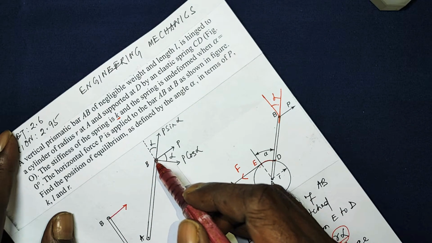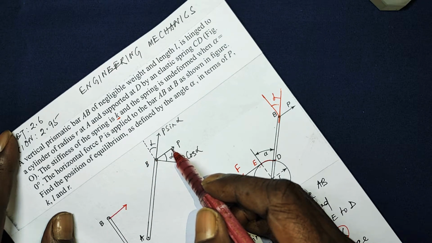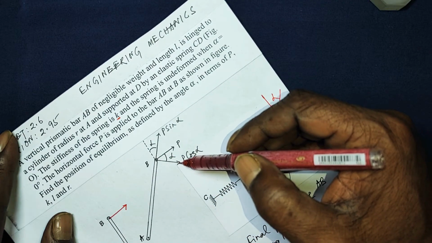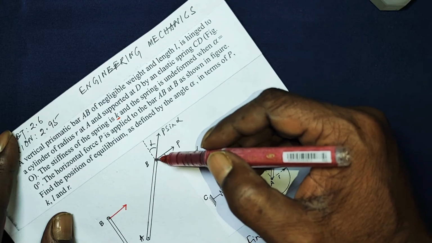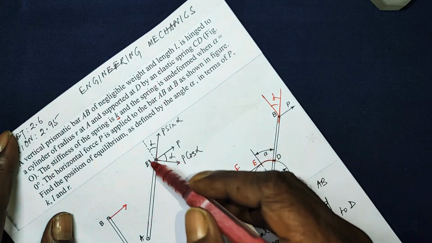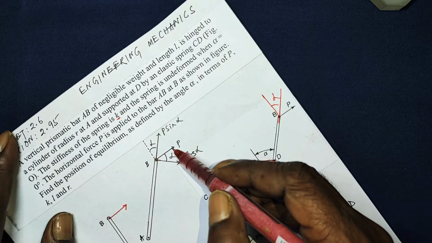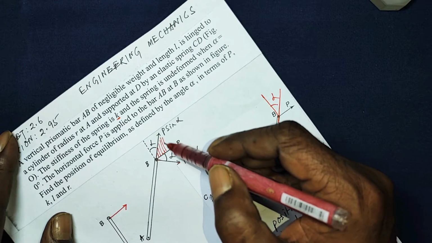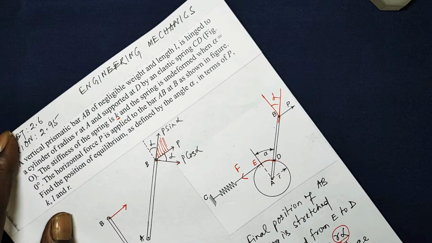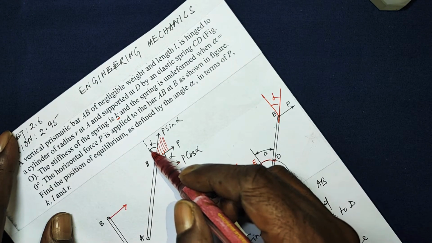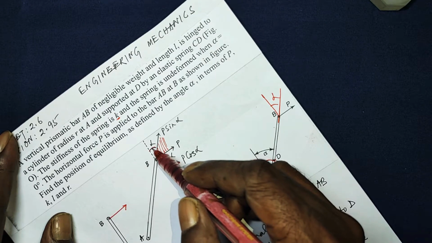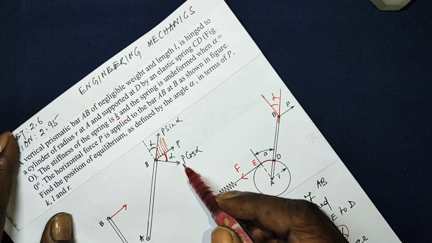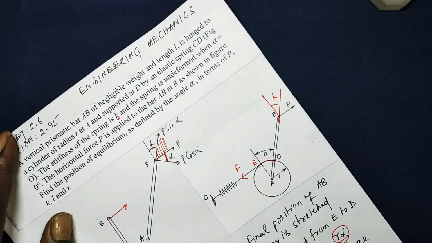So this dotted line and this P make an angle of 90 degrees with each other. And P sin alpha and P cos alpha, this line and this line, they are perpendicular to each other. This line and this line, they are perpendicular to each other. So this is the common angle. If I take it out, then I am left with this angle equal to this angle. Since this is alpha, therefore this will be alpha. So this is your P cos alpha, this is your P sin alpha.